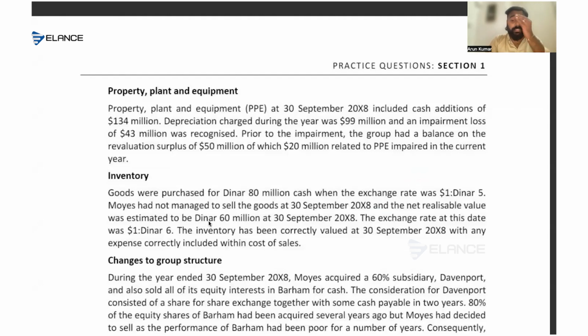It decreased to 60 million dinars because of the change in NRV, but they did not manage to sell any goods. So that decrease in inventory happened mainly because of the change in the value of inventory. And by the time it reached the reporting date, there has been a change in our exchange rate as well. How much is the change in the exchange rate? $1 is only 6 dinars.